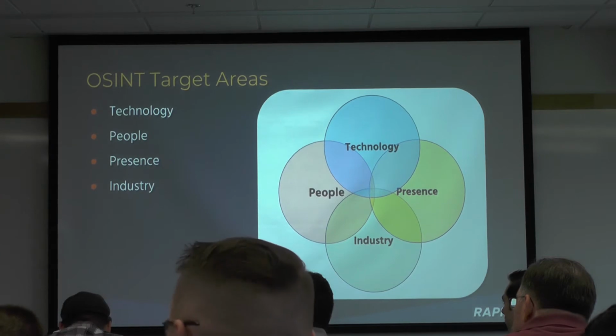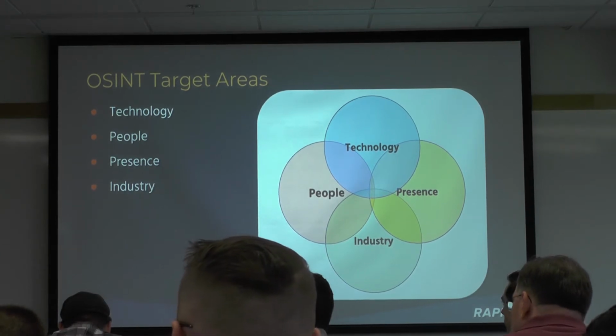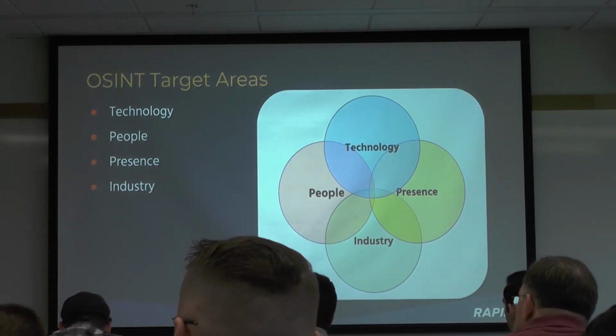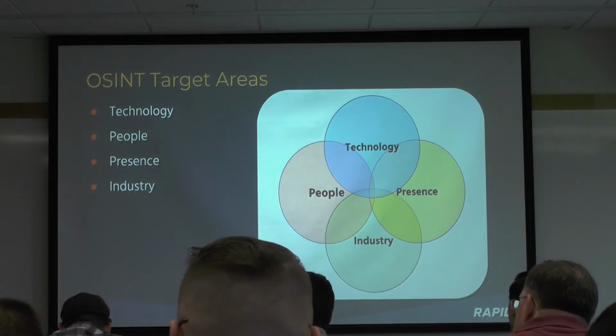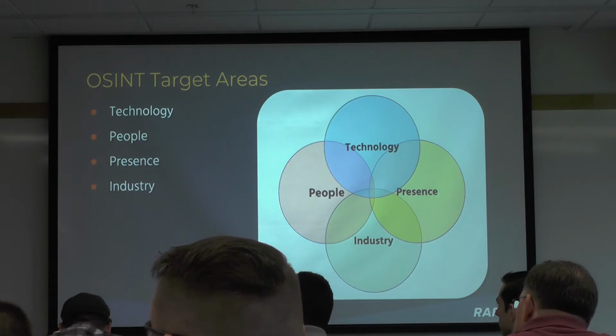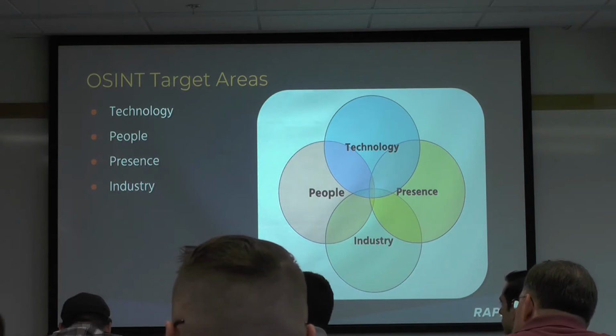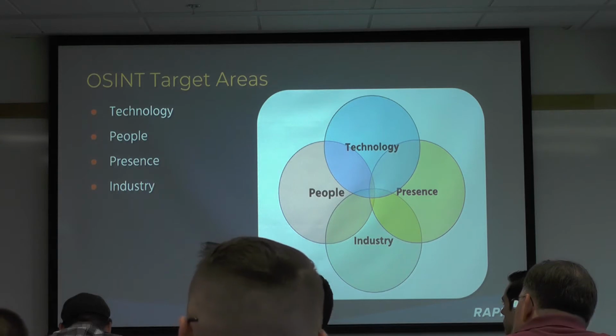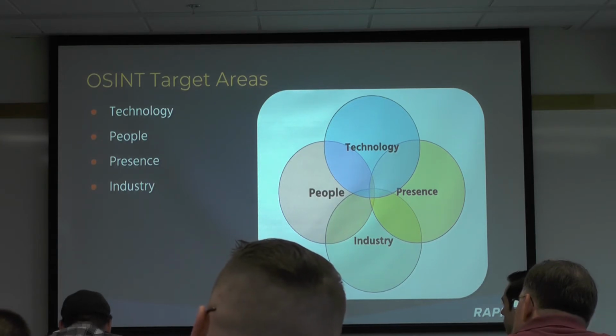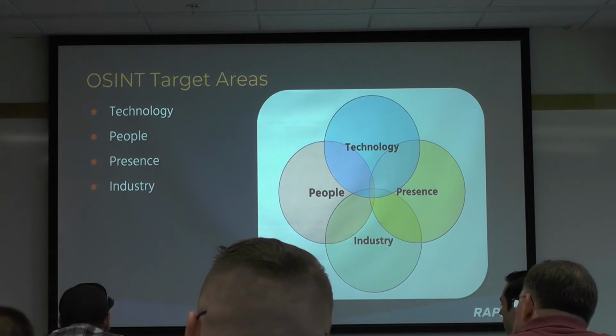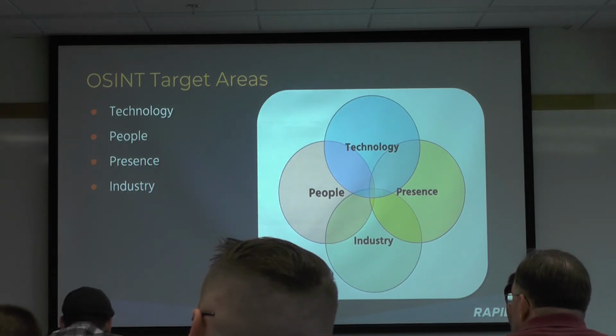Another thing to keep in mind in the people category is all of your emails, employee names, phone numbers, anything that's related to the organization, where people are in the organization. Are they a contractor? Are they full-time? What area of the organization are they in, etc. So this is a high-level overview of how you can look at it all and how it can overlap.